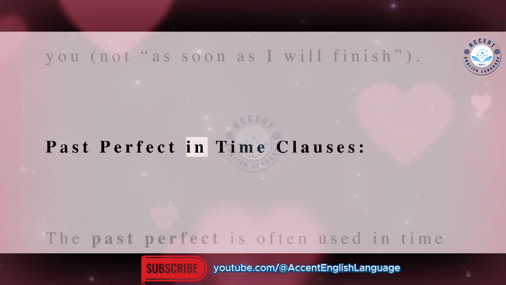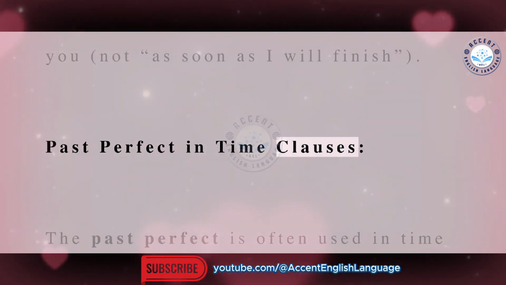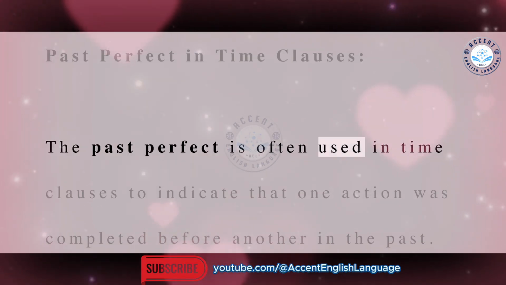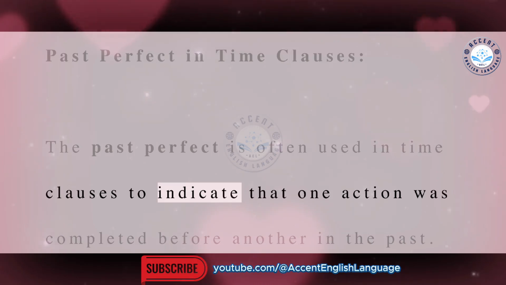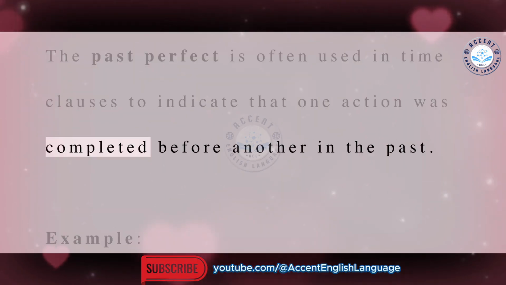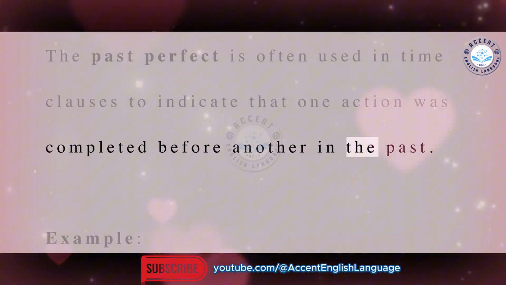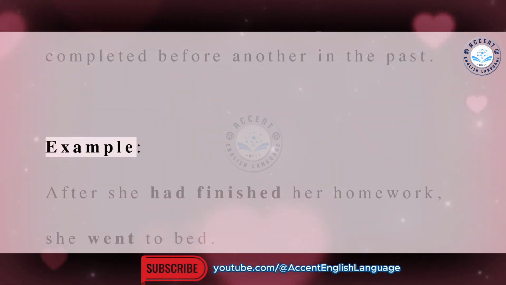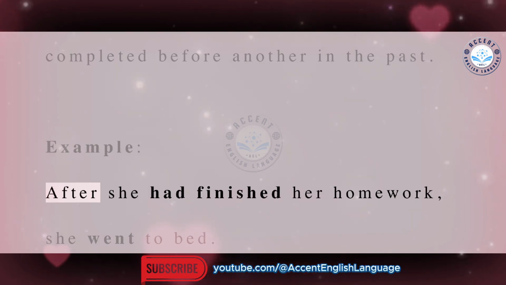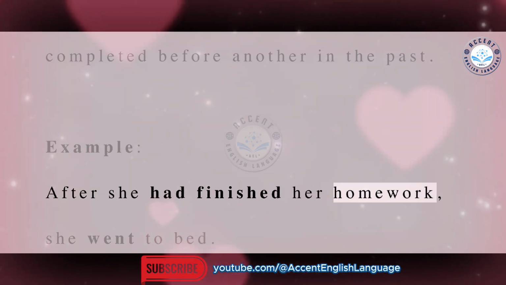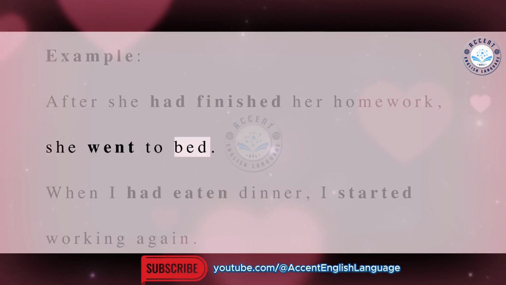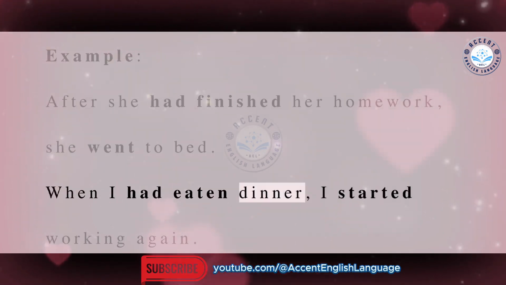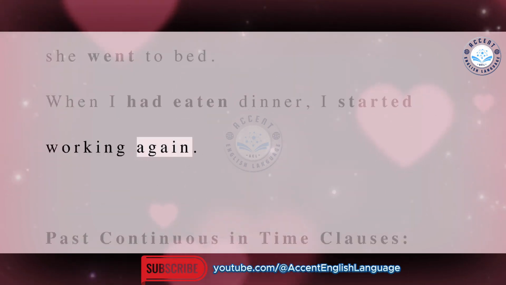Past perfect in time clauses. The past perfect is often used in time clauses to indicate that one action was completed before another in the past. Example: After she had finished her homework, she went to bed. When I had eaten dinner, I started working again.